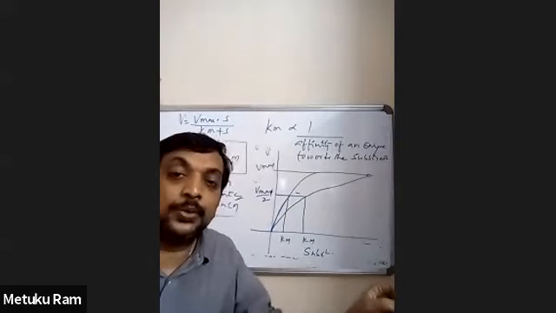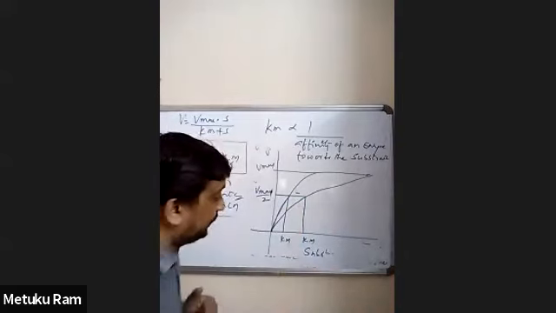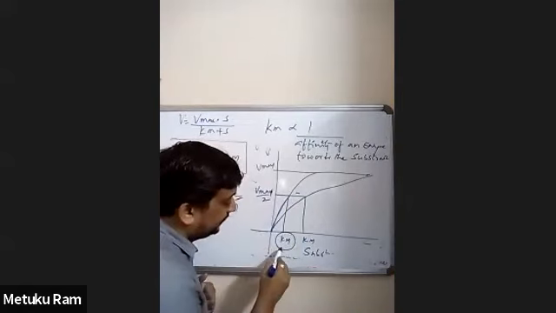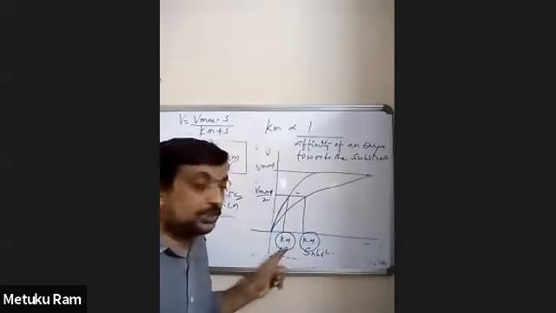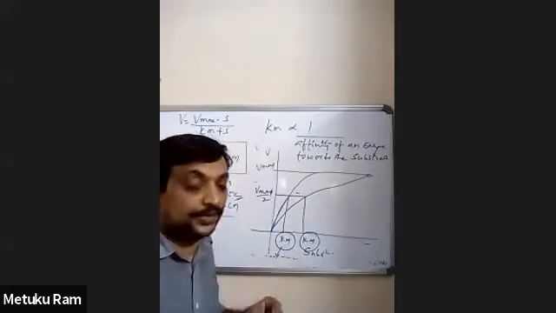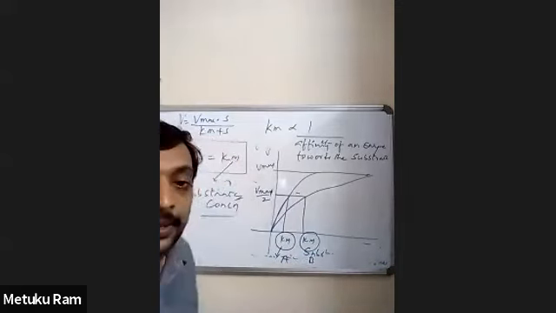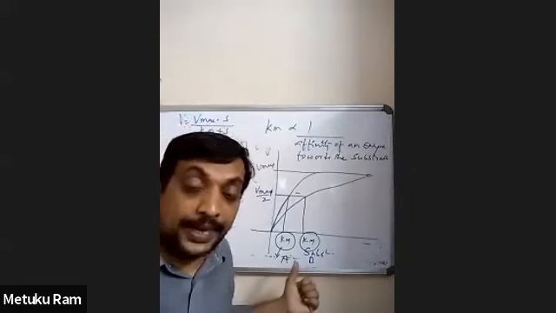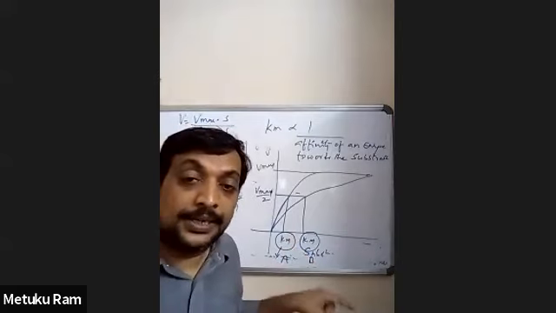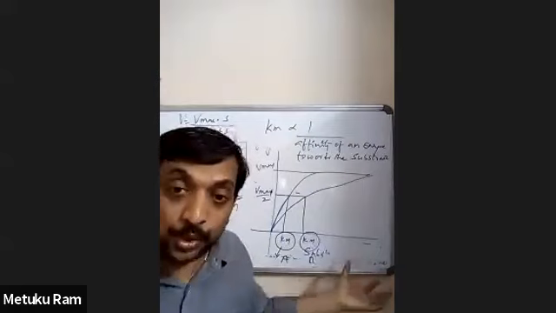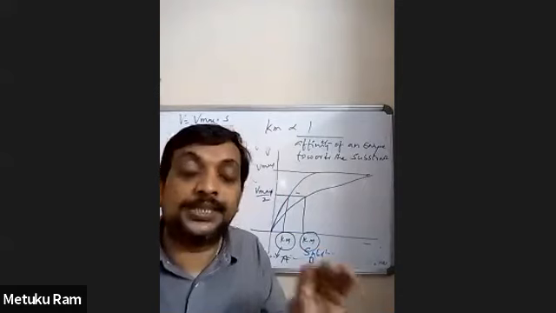If you obtain these values in a graph, for example, this is one Km and this is another Km value. Among these two, A has more affinity because its Km value is less, whereas B has less affinity because its Km value is more. So Km expresses the affinity of an enzyme towards the substrate.